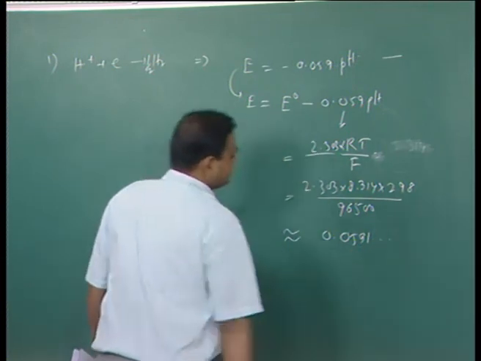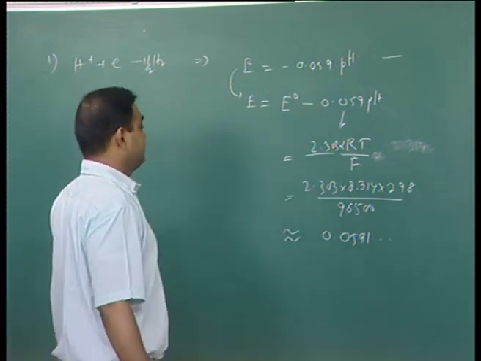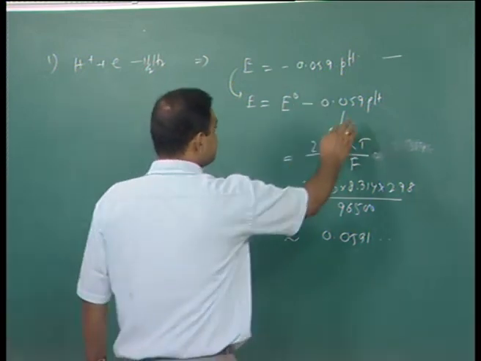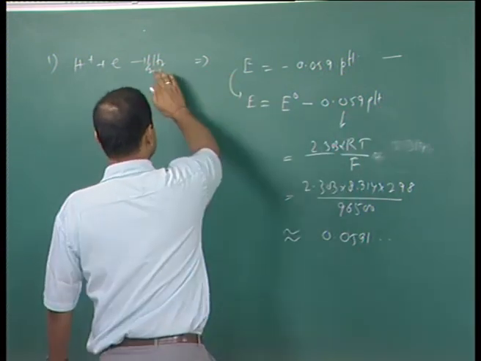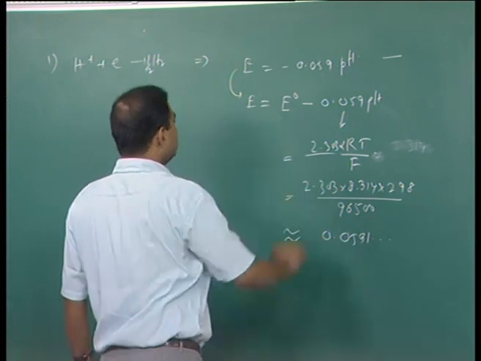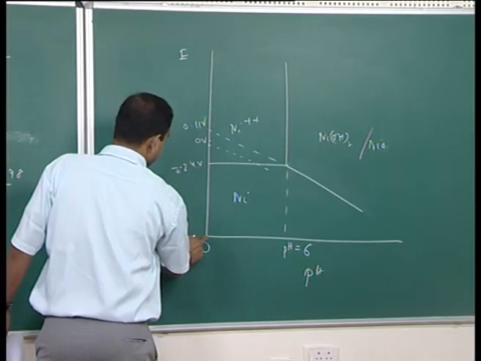There will be other parts also, but we are taking it as 0.059. So if pH is 0, then E equal to E0 for this reaction, and we already know that E0 for the hydrogen reaction is 0. So the pH value should be 0.